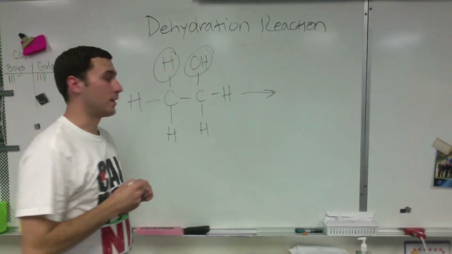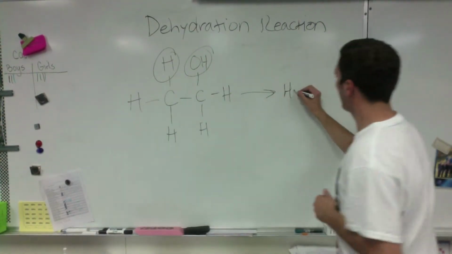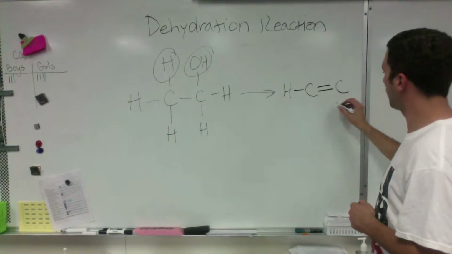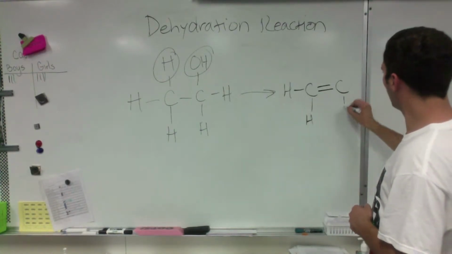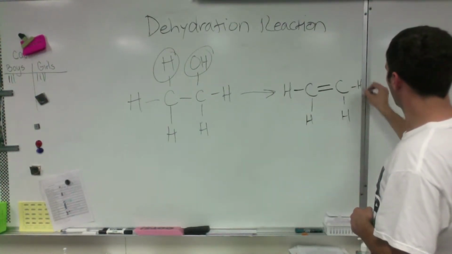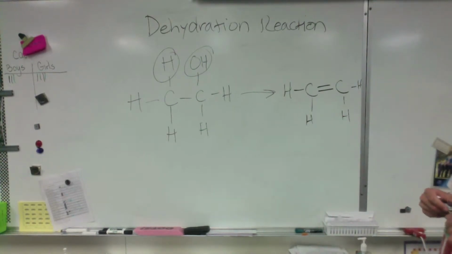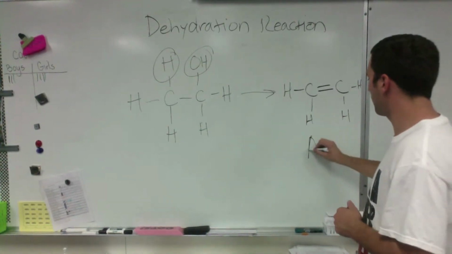So what you end up with is two carbons double bonded together, which is an alkene.